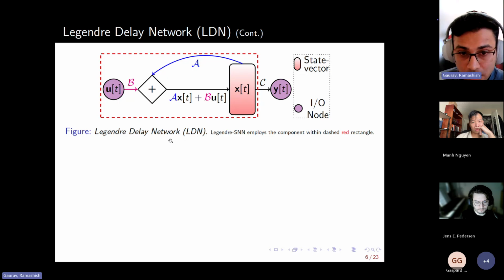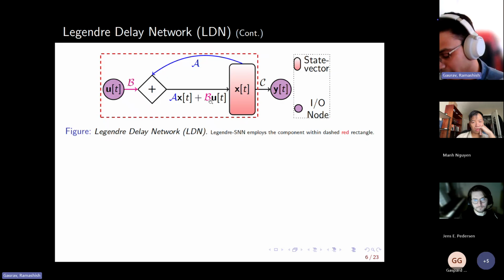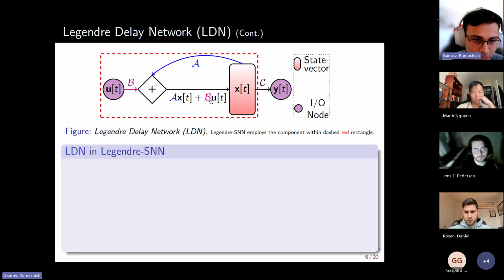Note here that the Legendre-SNN employs the component of the LDN which is within the dashed rectangle. So only this equation, that is the state transition equation, is the one that Legendre-SNN employs. It does not implement the computation of the delayed output, that is multiplication by C. Rather, just Ax(t) plus Bu(t) is equal to x(t+1).